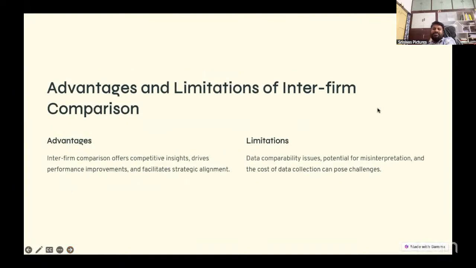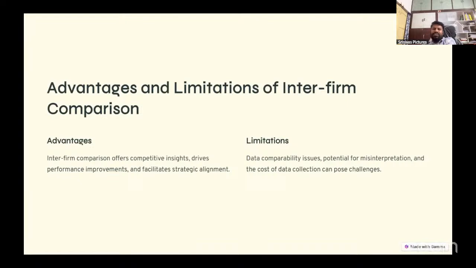Advantages and limitations of interform comparison. Interform comparison offers competitive insights, drives performance improvements, and facilitates strategic alignment. So this is the major advantage of interform comparison. Then what is the limitation?